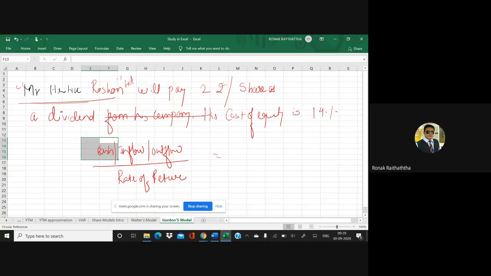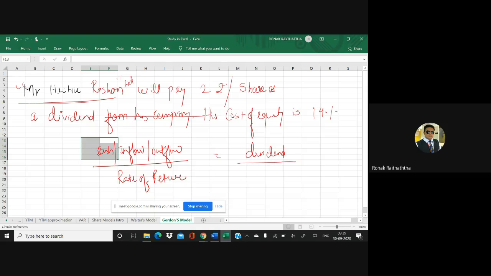Why are we taking it as perpetual? Because we are not aware up to what number of years this company is going to survive, or up to what number of years it is going to pay the dividend. There is absolutely no such information given to us. So instead of cash inflow or outflow, we are putting dividend.